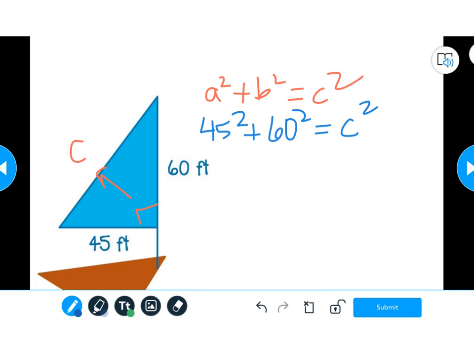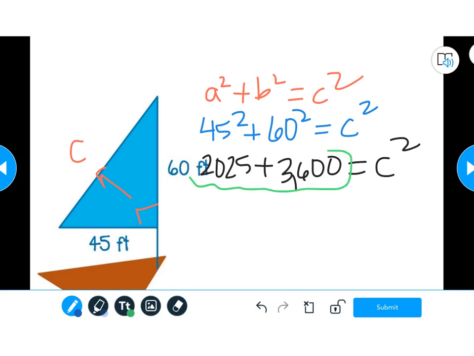Grab your calculator and do 45 squared or 45 times 45. Okay, so that's 2025. And then 60 times 60 is 3,600. And that equals c squared.